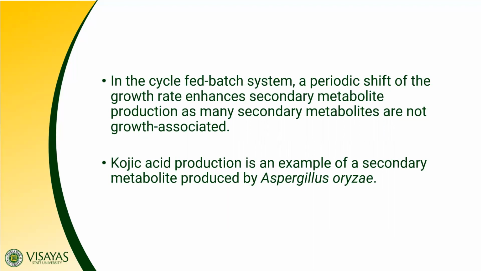An example of this is kojic acid production. It is a secondary metabolite produced by Aspergillus oryzae. So that's a perfect example, where fed batch fermentation is employed in kojic acid production.